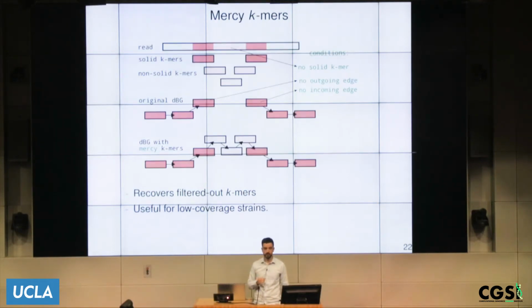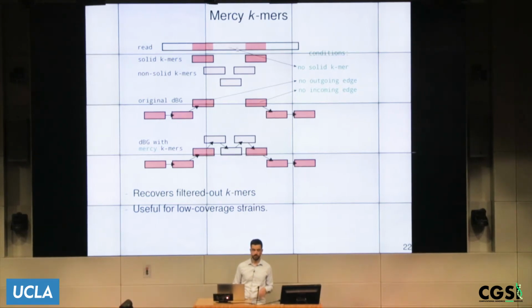All right, mercy k-mers. That's a technique used by the megahit assembler, and I think it's quite elegant, so I'll talk about it here. When you construct a de Bruijn graph, it may happen that some nodes are disconnected because the k-mers have been eliminated due to their low abundance. The mercy k-mer approach applies when you have some reads which have two solid k-mers and some non-solid ones.